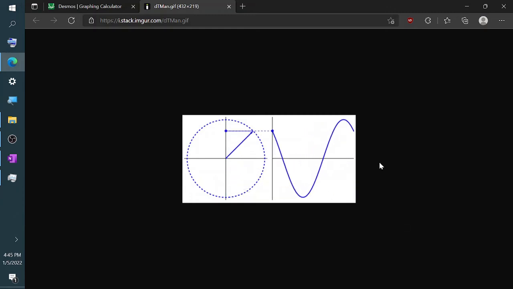In the graph of sine, the angle is drawn on the horizontal axis, and so as the angle increases, you can think about basically traveling along the horizontal axis. In the unit circle, the output of sine is represented by the y-coordinate on the unit circle, and the output of sine in the graph is represented by the y-coordinate on the graph.